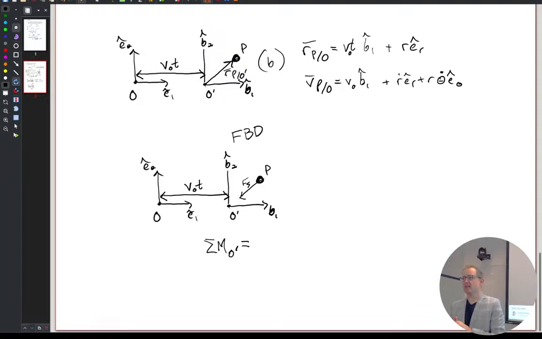If I want to look at the moment around O prime on P, so we're looking at the sum of the forces on P at a given position of P/O prime. So what are all the torques that are created around that moving O prime point?